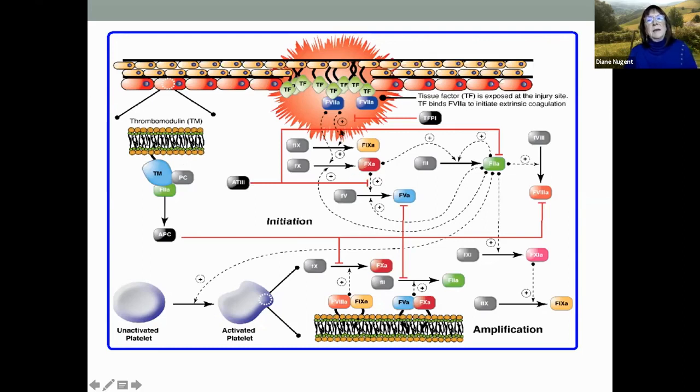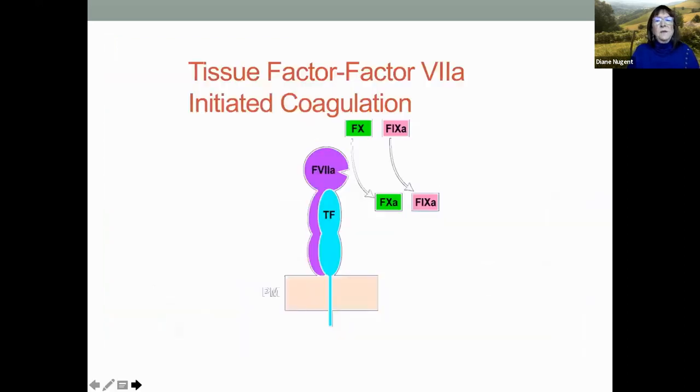So getting back to the main actors, here's where damage occurs and tissue factor is revealed. This is a huge signal for the factor VII, which is in our bloodstream. Here's factor VII. As soon as it sees that tissue factor being revealed, it likes to bind right away. And as soon as it binds, it activates other clotting proteins.